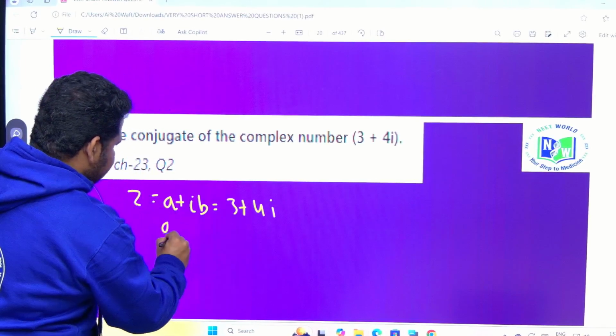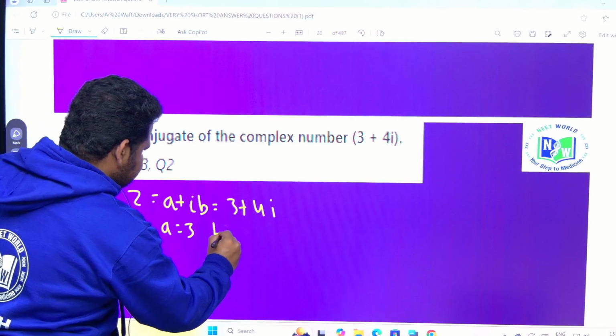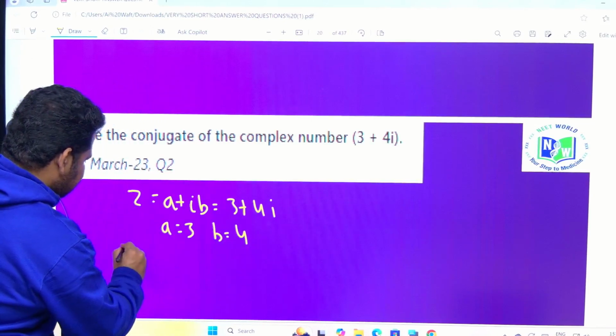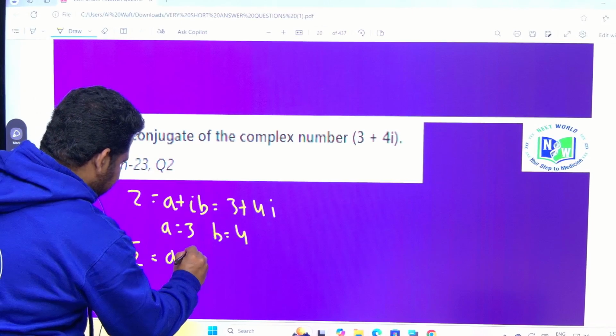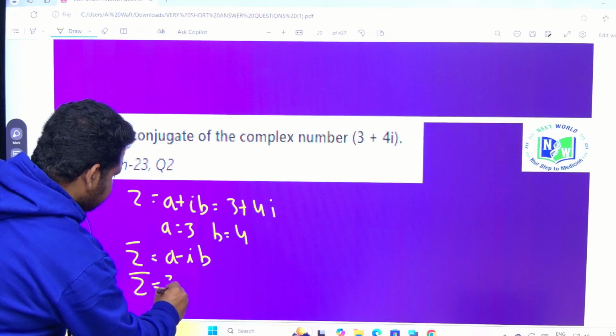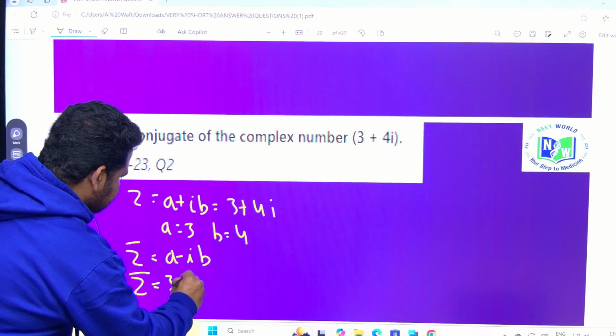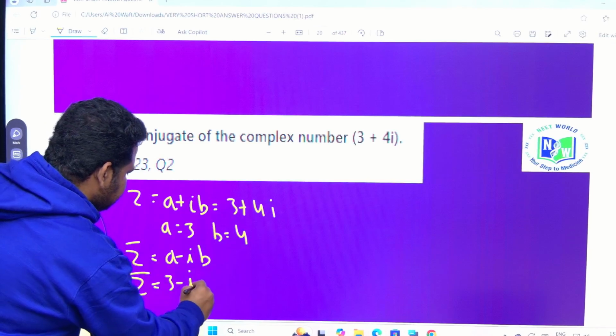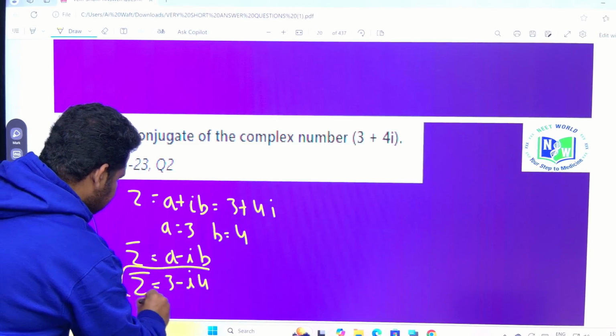Here the value of a is 3 and b is 4. So z bar will be a minus ib. So here the z bar will be equal to what? a is 3, minus i into what is b? b is 4. So z bar will be this much.